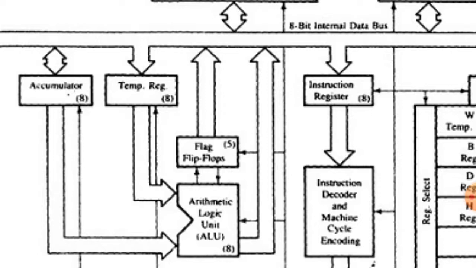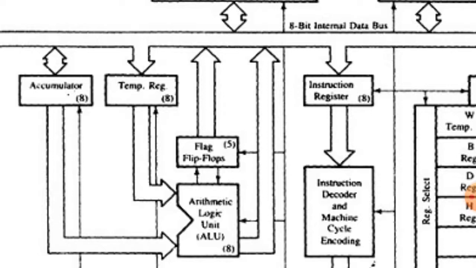It is connected to the internal data bus. You can see it's a two-way connection, connected to the 8-bit internal data bus and to the ALU. This accumulator is an 8-bit register and it is used to store information.